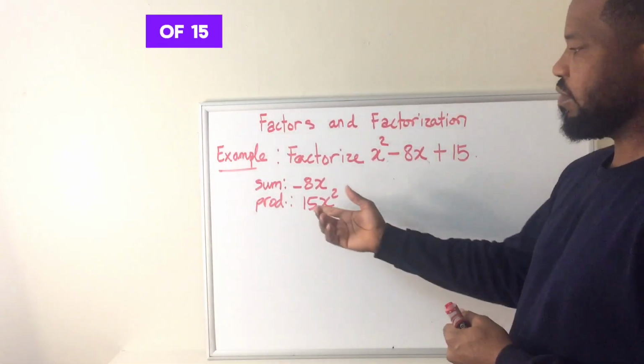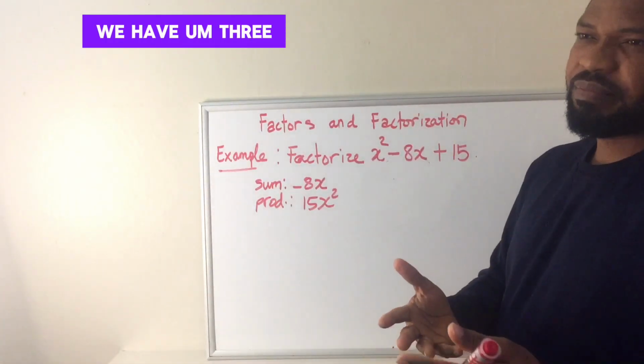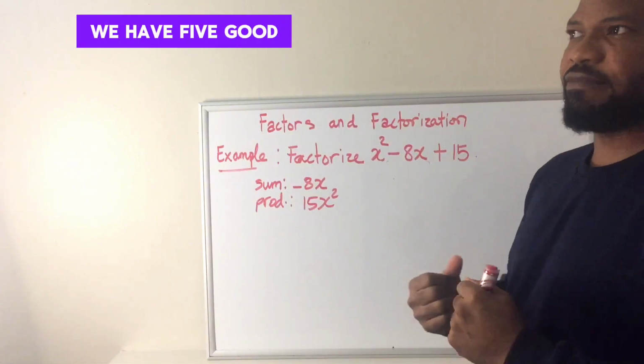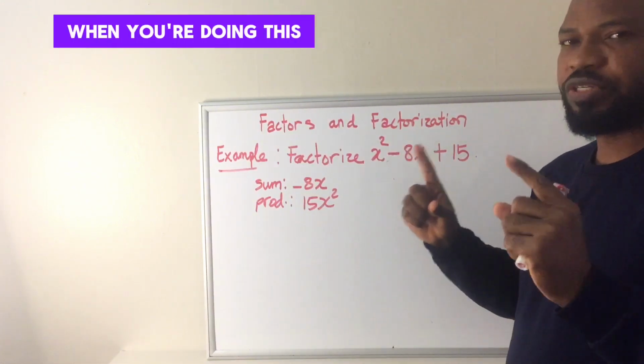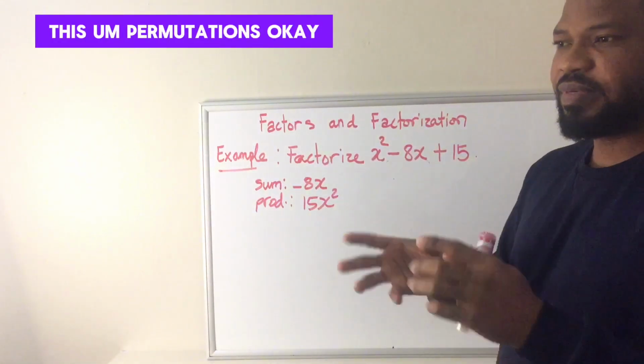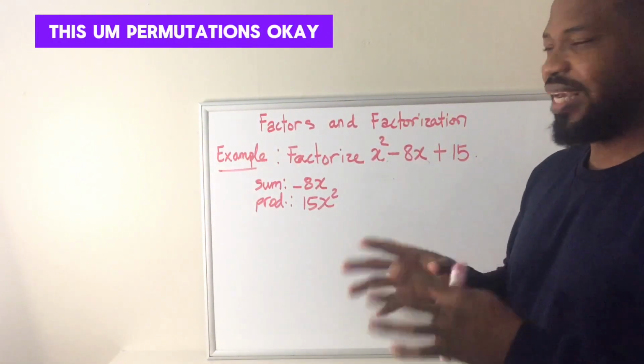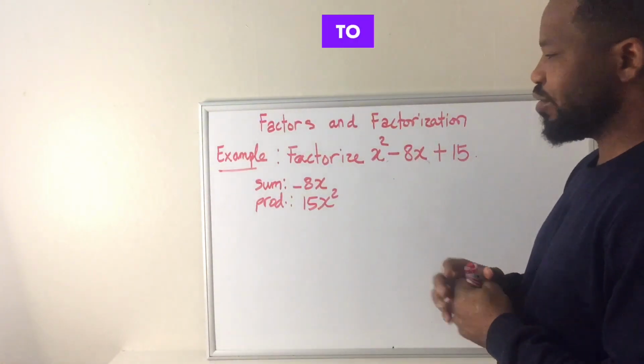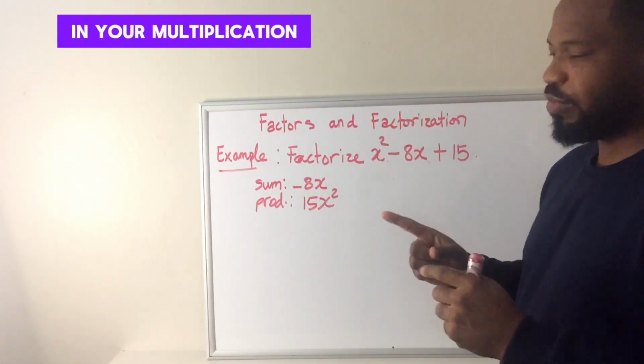What are the factors of 15? We have 3, we have 5. Good. At this point, when you're doing this permutation, you just need to be very skillful in your multiplication.